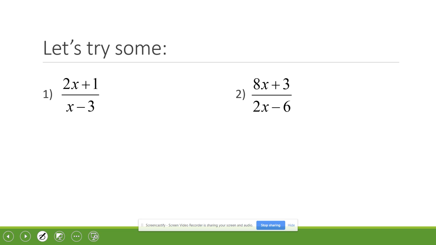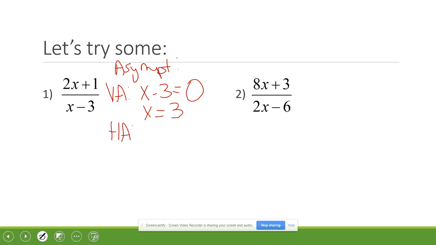All right, so I'm going to start over here with example 1, my asymptotes. For a vertical asymptote, we take the denominator, which is x minus 3, set it equal to 0, and solve for x. We add 3, and we get x is equal to 3.